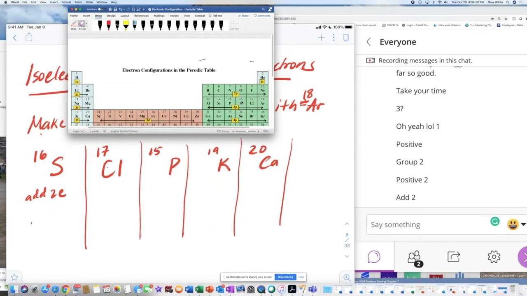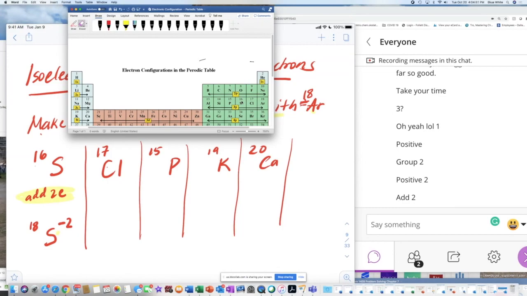Then we end up with 18. But in the process, because sulfur has to gain 2 electrons, the charge on sulfur now becomes negative 2. Why? Because I added 2 electrons to sulfur to make it isoelectronic with argon.